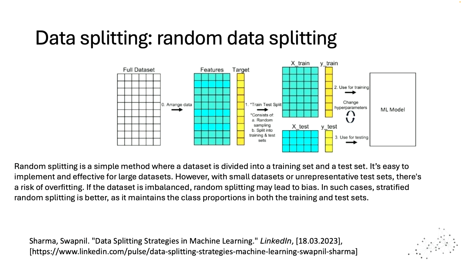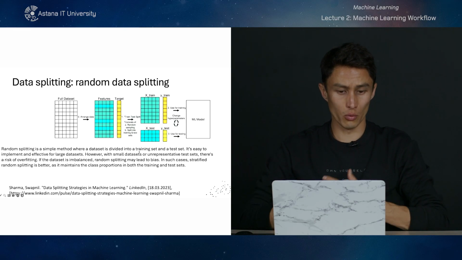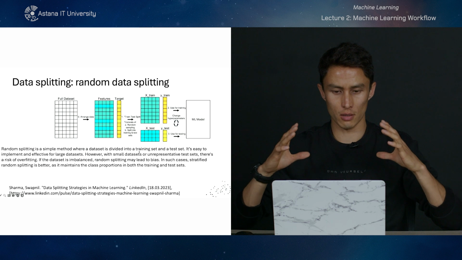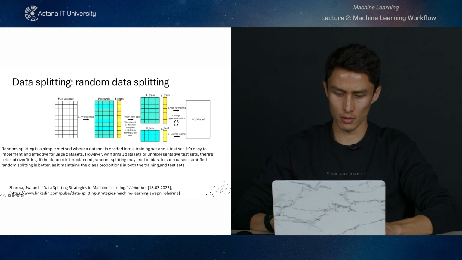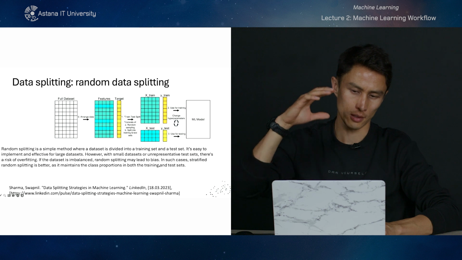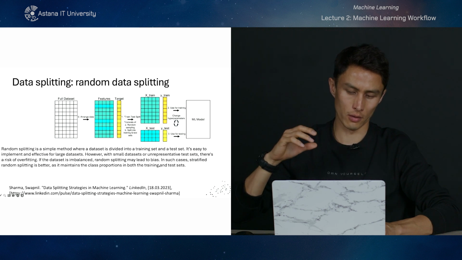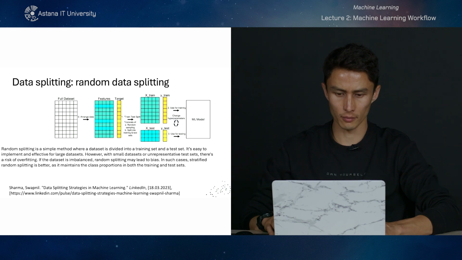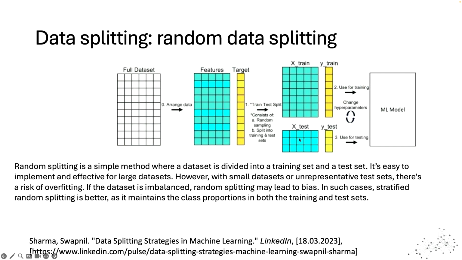We can randomly split the data, so it's easy to implement. We just take our data set and divide it, for example, in proportion as we said before, like 70, 15, 15 for train, validation and test dataset. It's a straightforward way.